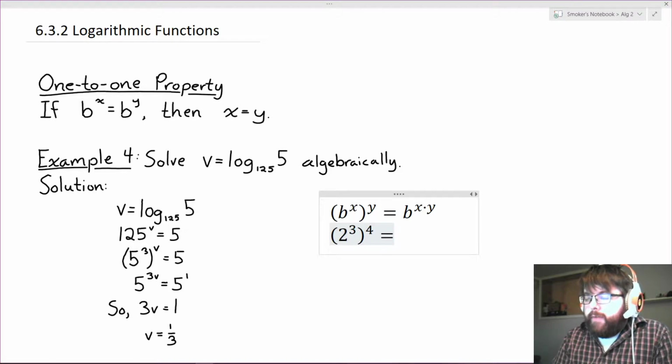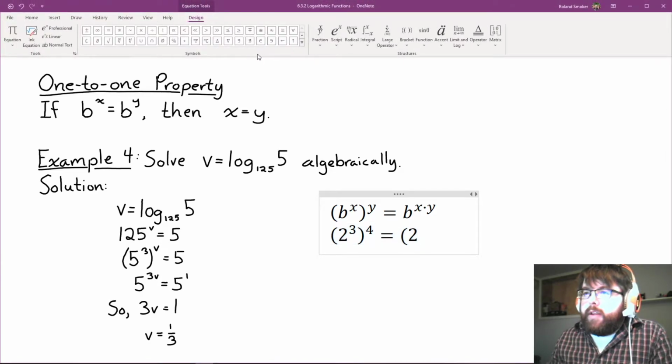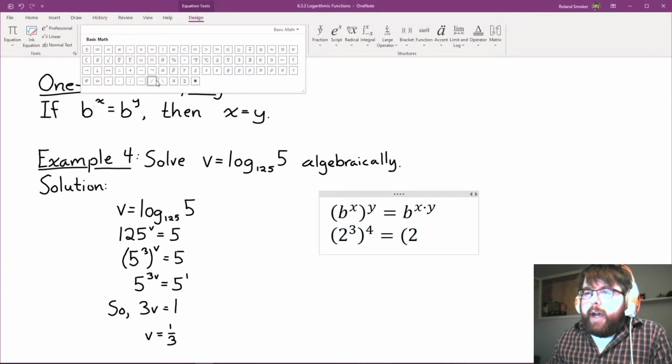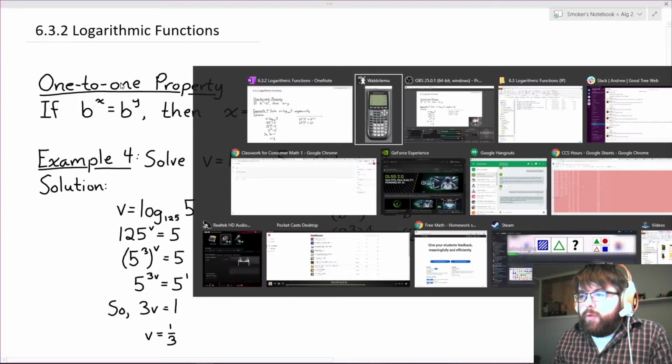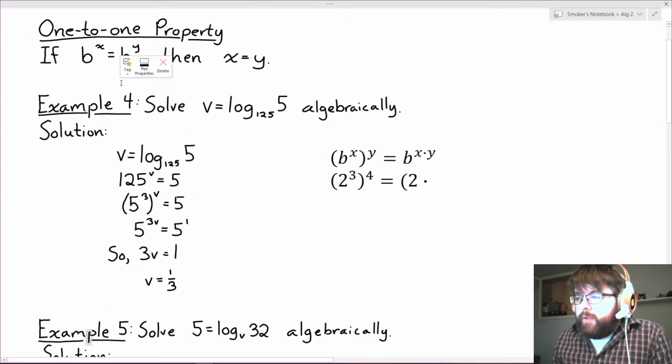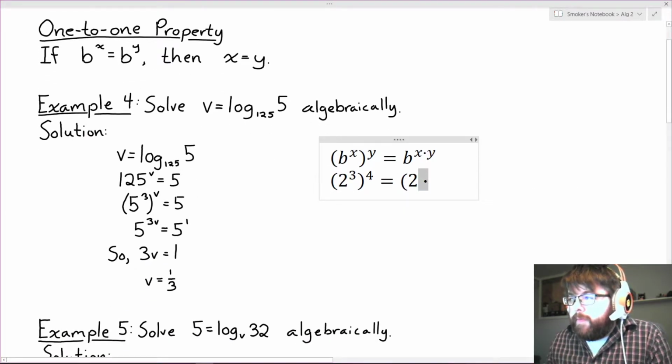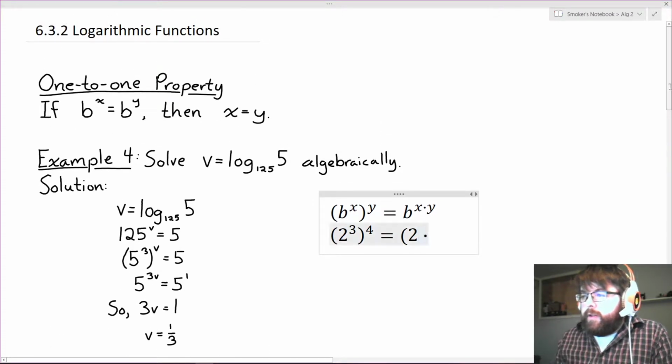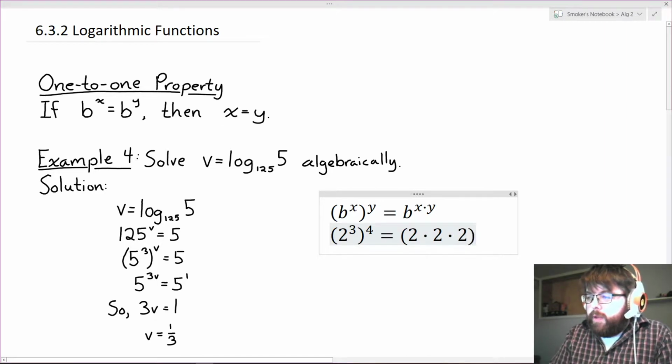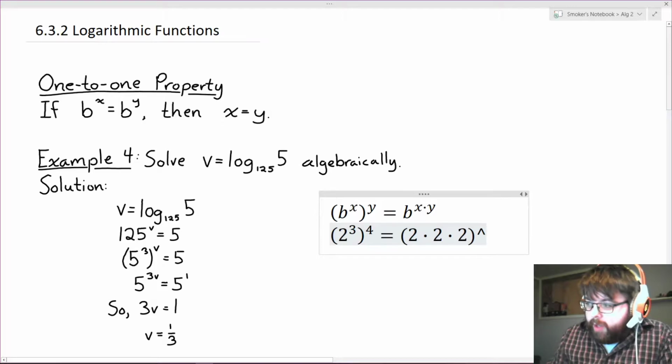So what I have on the inside is 2 times 2, let me use the dot, 2 times, copy that so I don't have to do 2 times 2 times 2, and I have that still raised to the power of 4.